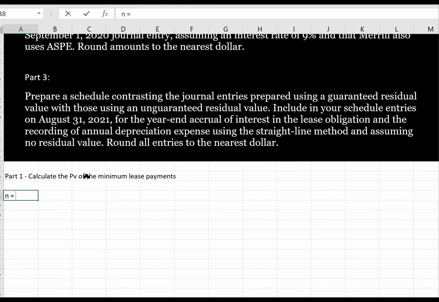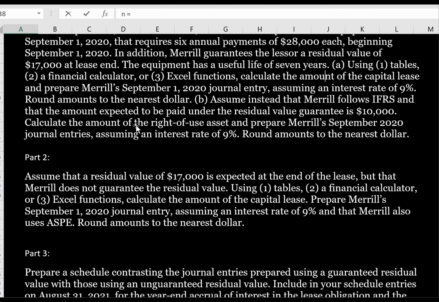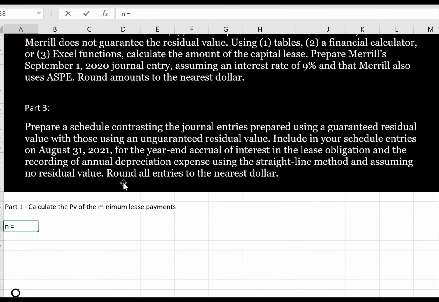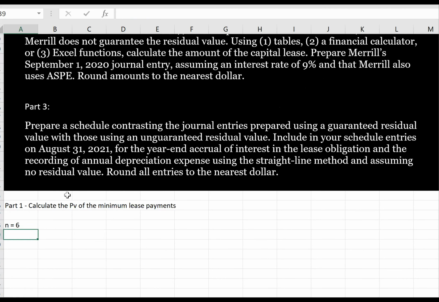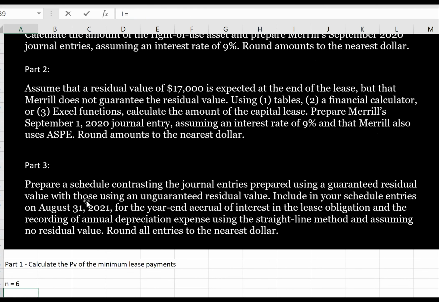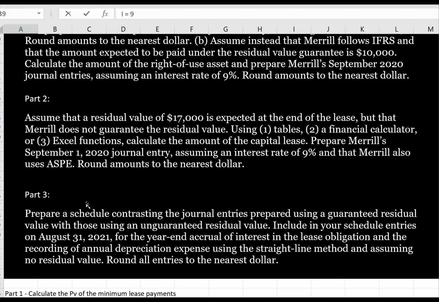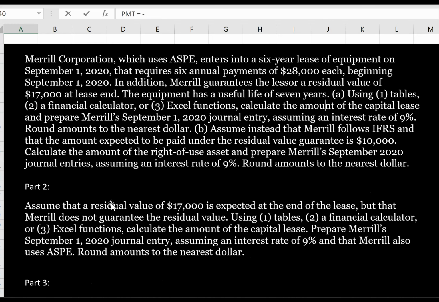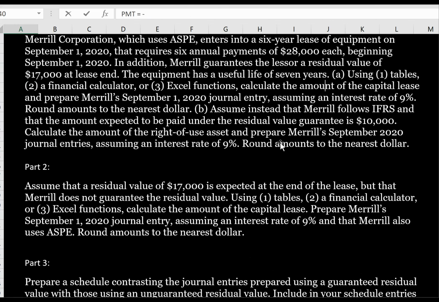What's the term of this lease? 6 annual payments. So we've got 6 is N. We've got I, we're told to assume an interest rate of 9%. Then we've got the payment, which is going to be a cash outflow, so it's going to be negative, and our payment is going to be $28,000.